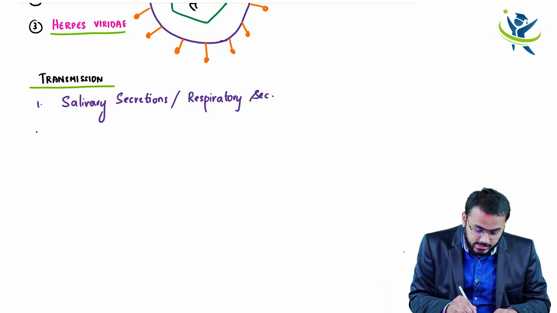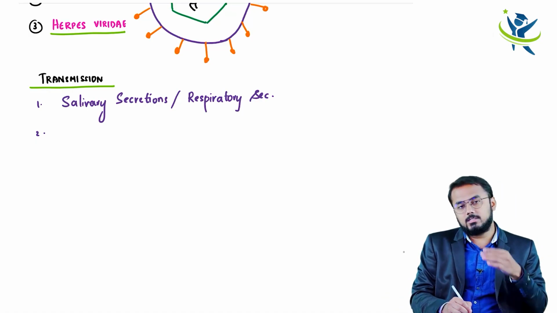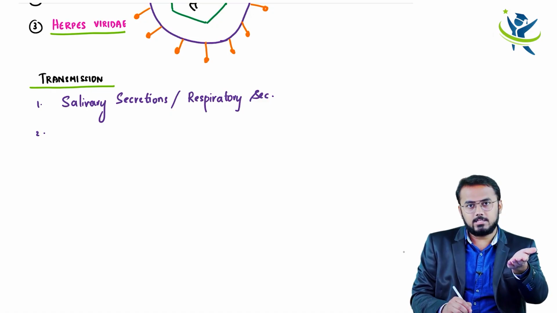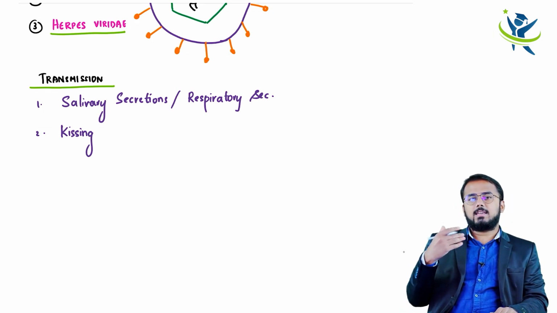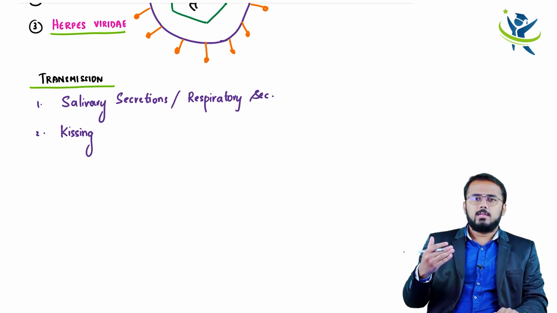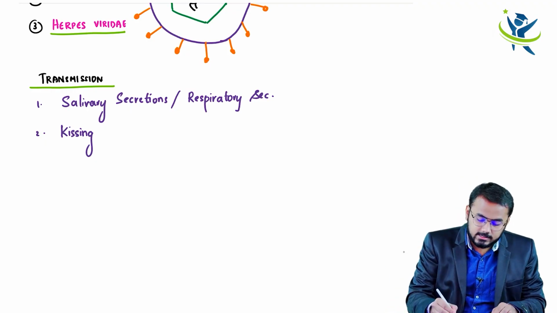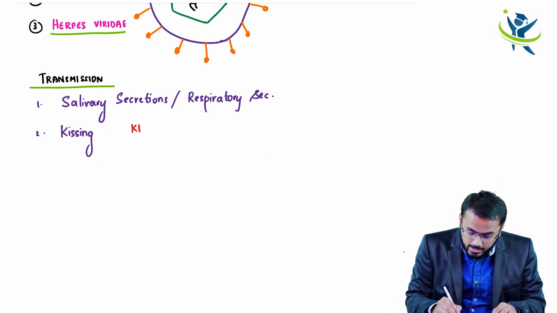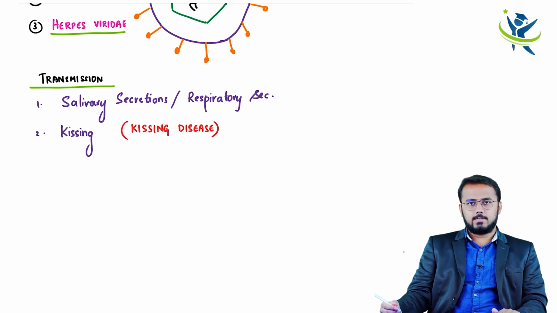Second important thing is that this disease is transmitted by kissing, because when you kiss, the saliva transmits to the next person, right? Most commonly this disease is transmitted through kissing. That is why they have named this disease the kissing disease.